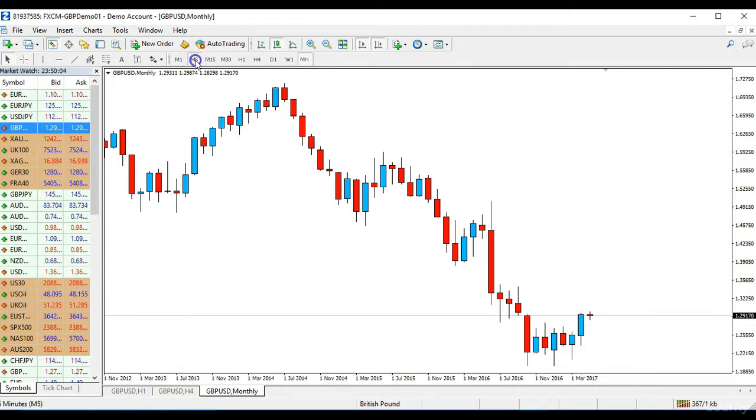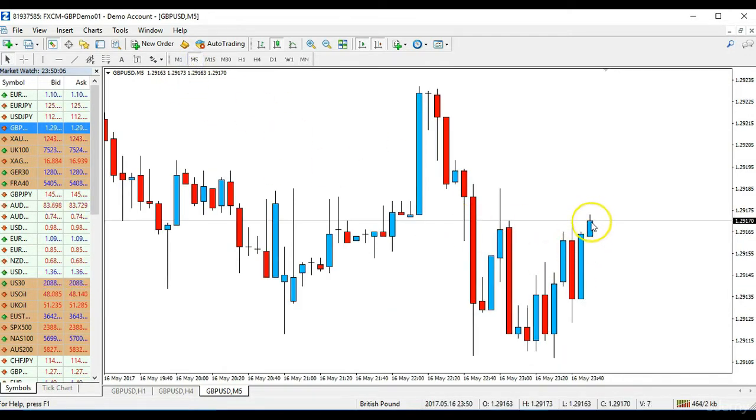If you went on to a 5-minute chart, the candle would give you the open, the close, the high and the low of what it did in the last 5 minutes. So here, for example, is the last 5-minute candle, and here you can see is the next 5-minute candle. So these are the different time frames, and these are candles.